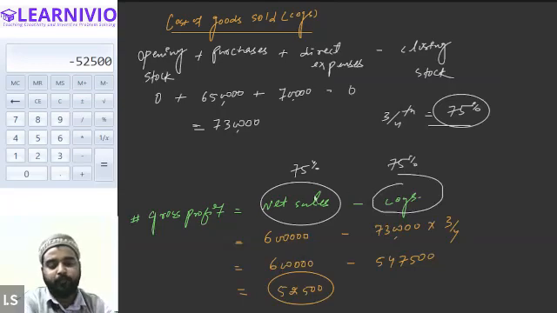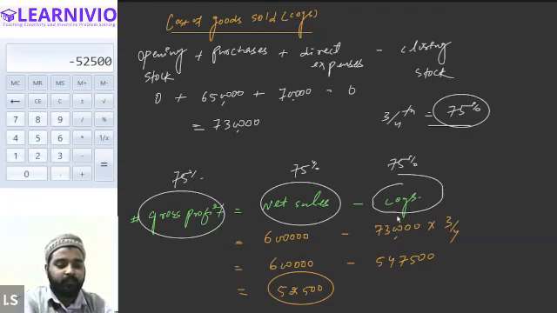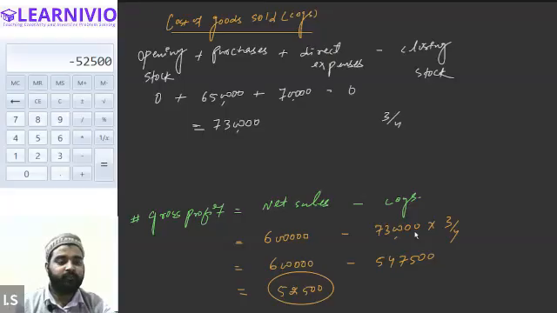Only then we will be able to find out the gross profit of the 75% of the goods sold in the market. So for that purpose, we have done 3/4 of the 7,30,000. Is this clear? Please write it down. Let me know if you have any doubt or any question.